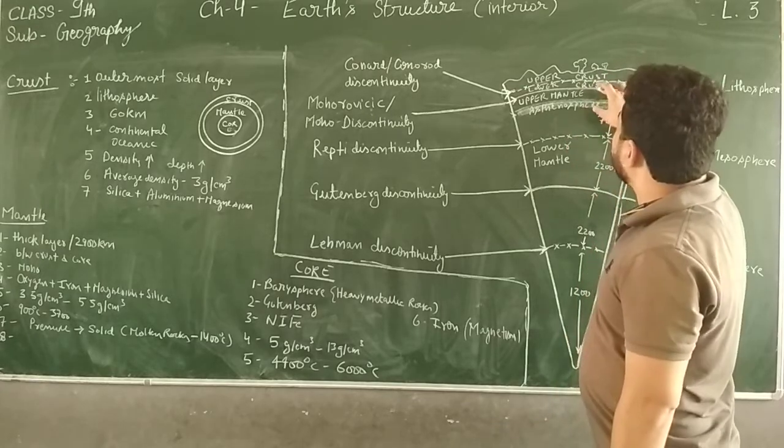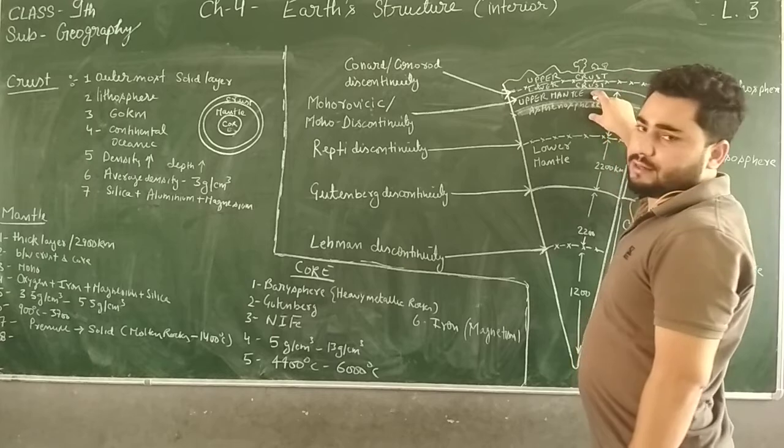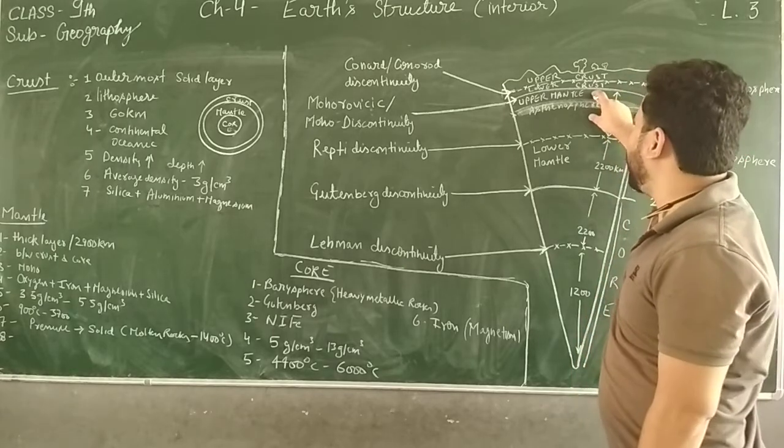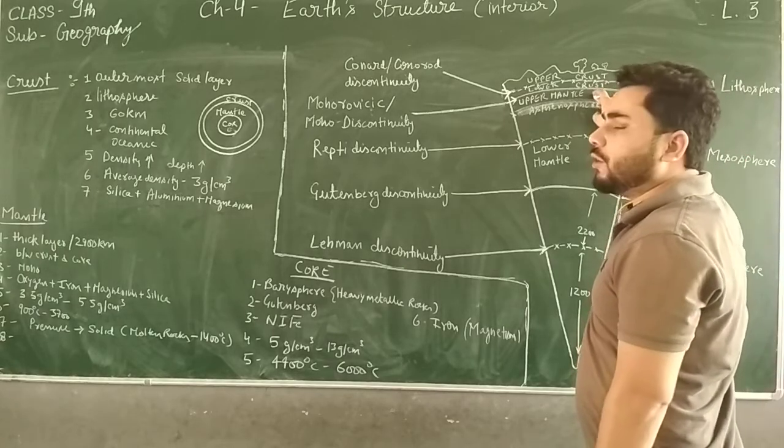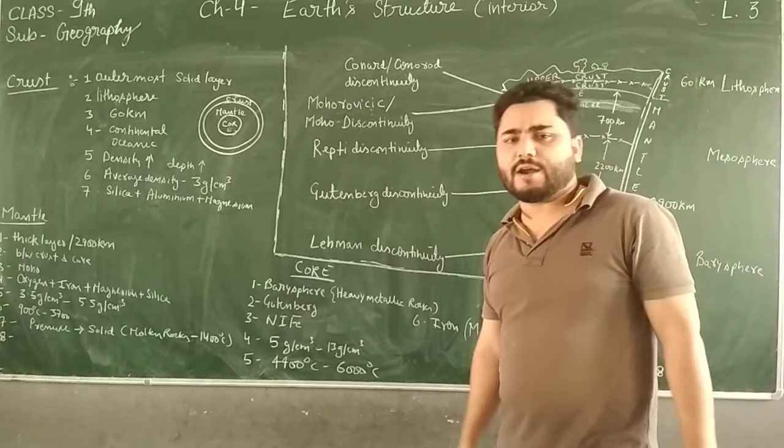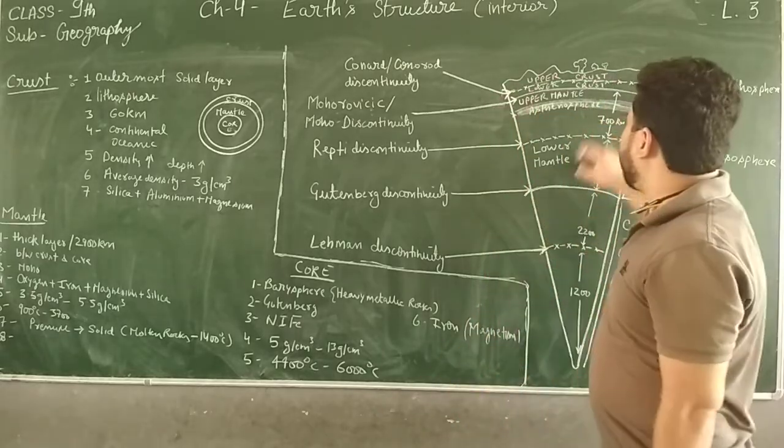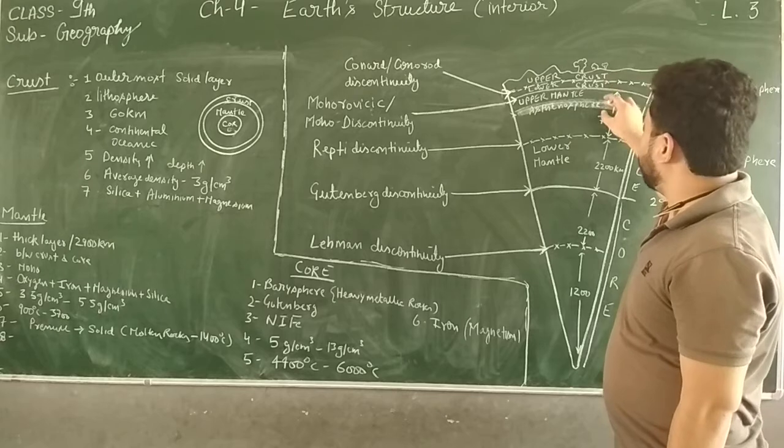So asthenosphere is in mantle. It is the part of mantle and it is below 100 kilometer to 400 kilometer, right?